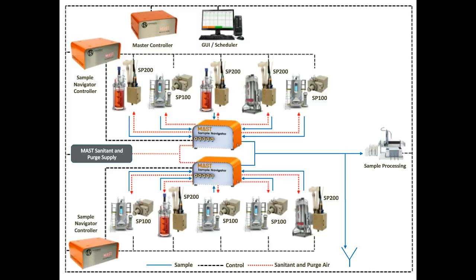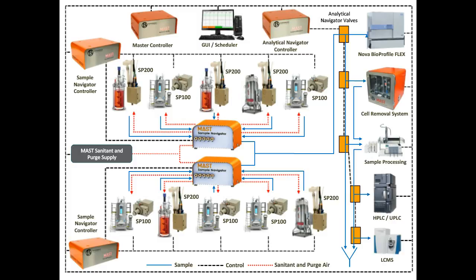So in this diagram, you'll see that by adding 2 Sample Navigator controllers, you can run up to 10 bioreactors and send those to an item like this Gilson or this Nova or another device. Now, once we have routed the sample to a destination, what happens if we want to send it to more than one destination? Then we add this other control box called the Analytical Navigator, which has header valves that direct the sample to one of multiple devices.